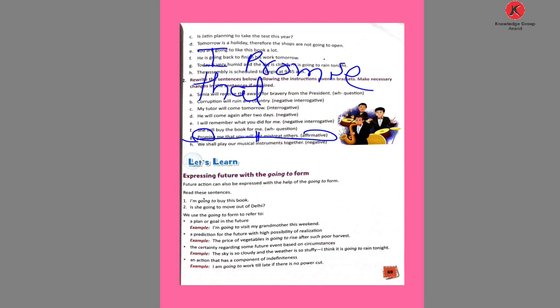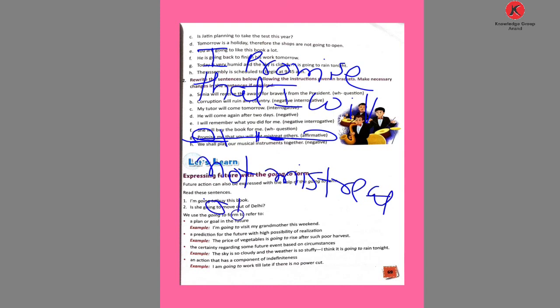Why? It's a promise. I promise, then that; "me" is cancelled. Okay, so I promise that I will not mistreat. Mistreat is showing the negative, so here use: I promise that I will not mistreat others.